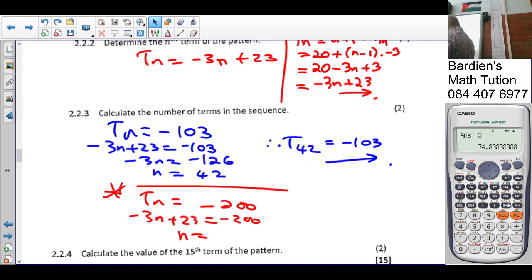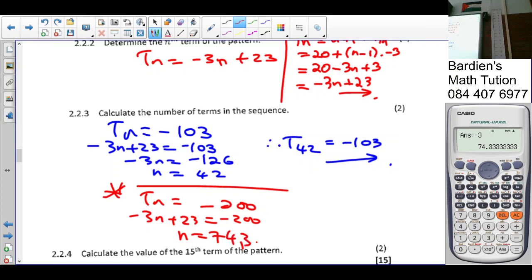I get 74,3. So, which term of the sequence is equal to negative 200? 74,3. Who disagrees with that?